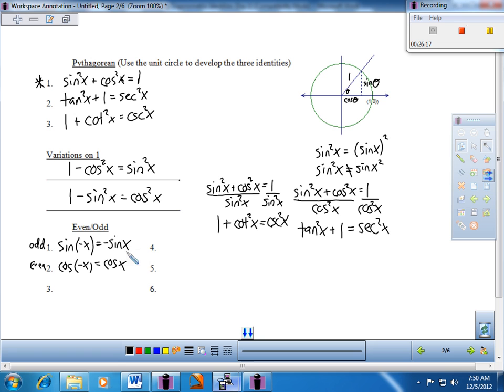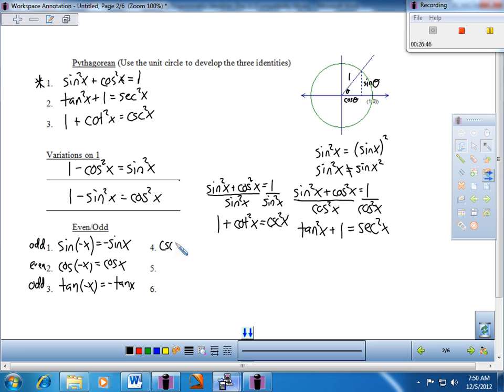And if you actually pictured the unit circle, you would probably know this to be the case. We saw some negative inputs, and again, we didn't really explore this in great detail, but these would be the cases. Tangent is what's called an odd function, and so it has the same rule as sine. So tangent of negative x is negative tangent of x. And the reciprocals would be the same, of course.